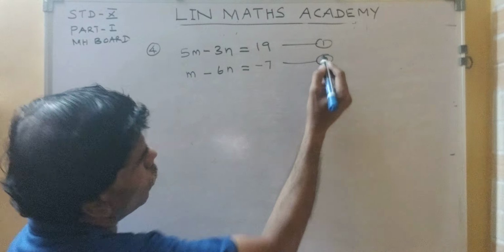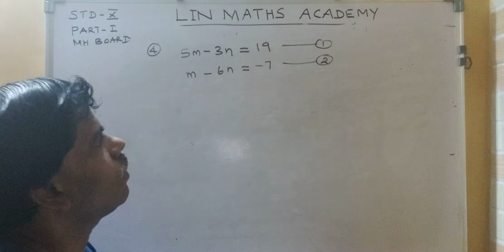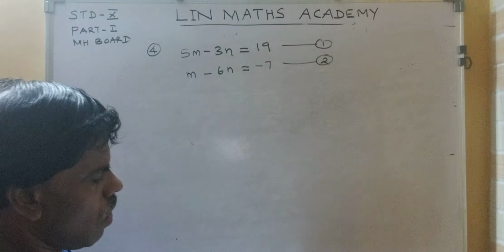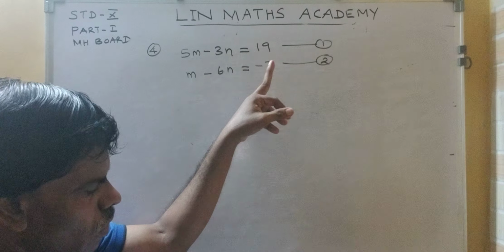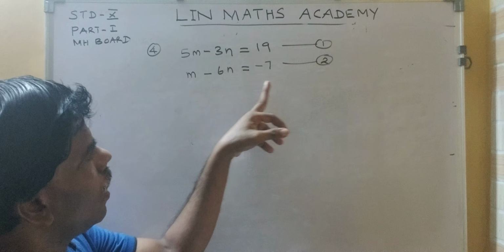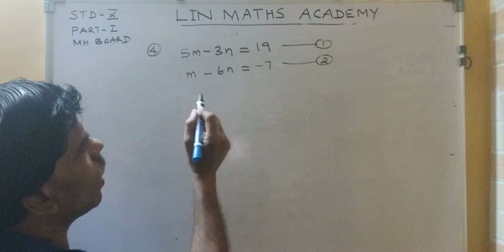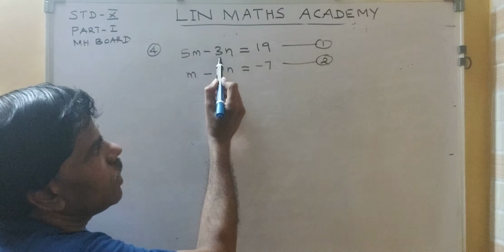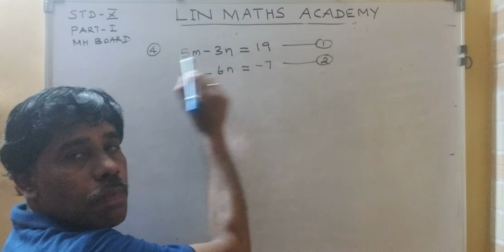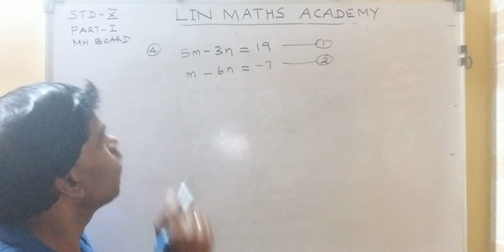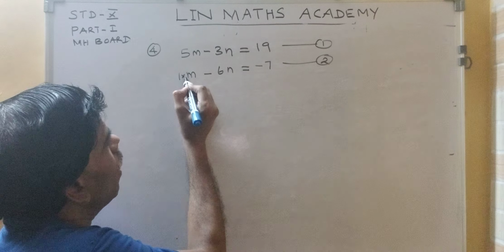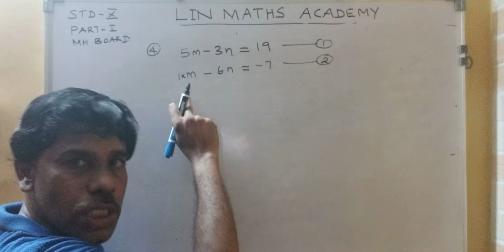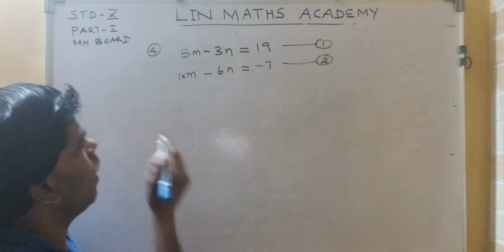See, first of all you see whether you are copying the sum properly or not. Now look at this. You can make this as 6 by multiplying the equation by 2, or here what is there? 1. So here you multiply this equation by 5, one and the same.